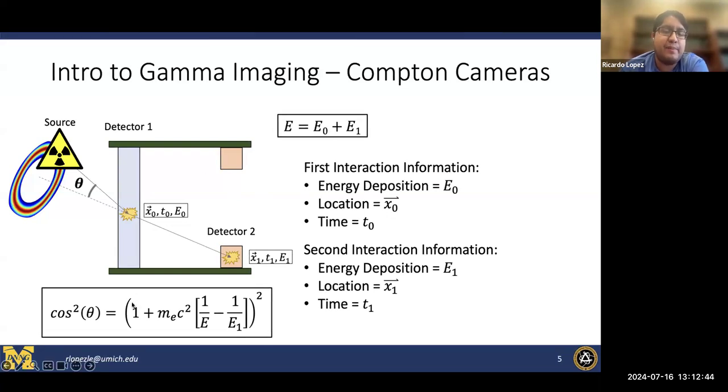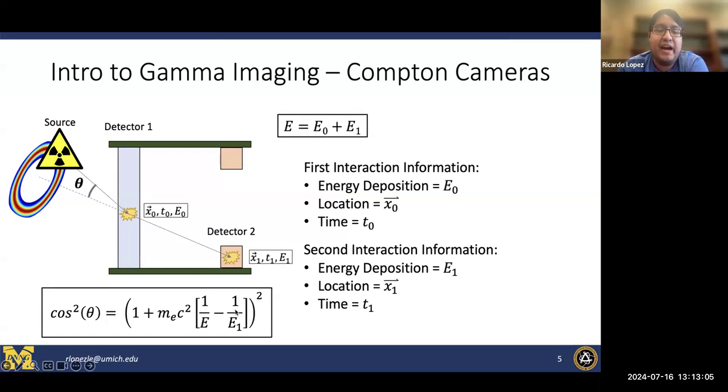And then, using a similar process as discussed before, by making use of the kinematic properties of this process, you can again figure out what the incident angle for the gamma ray was. Before, with the neutrons, it was a very straightforward ratio between the energy time of flight and the total energy.